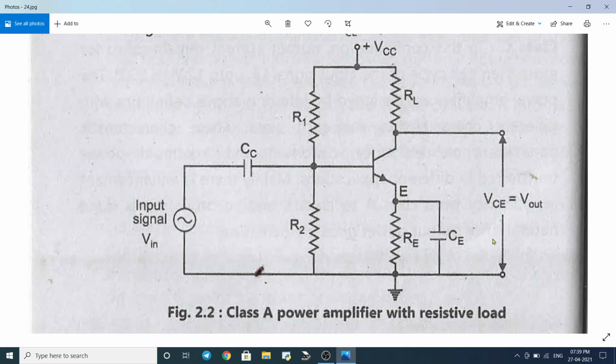The load resistor is not connected across the output terminals, but the load is connected between the supply voltage and the collector terminal. This is the major change.